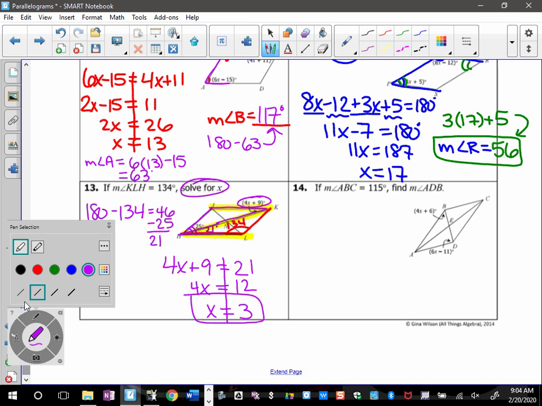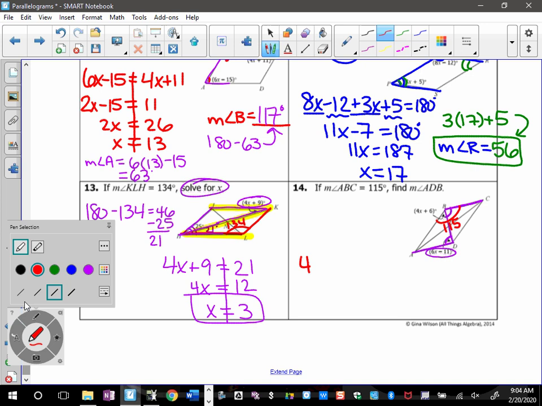Last but not least, angle ABC is 115, so that whole thing's 115. However, if I think about my Z, if I connect this angle to the other line, that means this angle here matches this one here. But we just said that this entire angle here is 115.